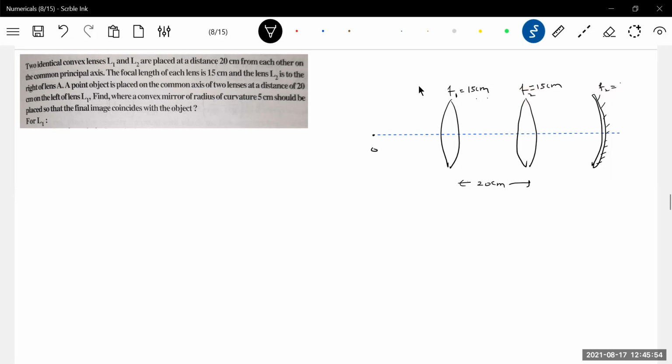We'll do one thing, F2, F3. We'll write symbol like this. Find where a convex mirror, not concave, convex mirror. I'll replace it.